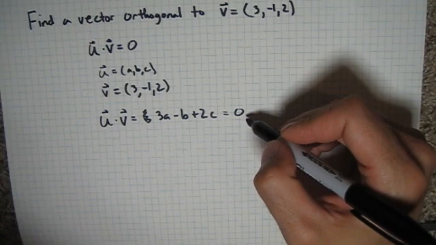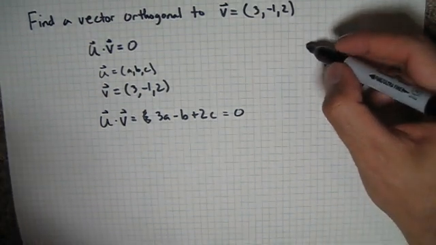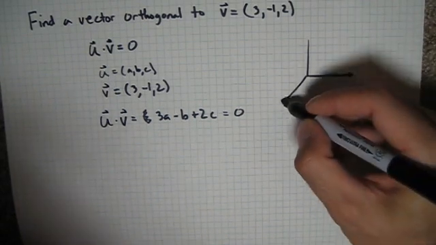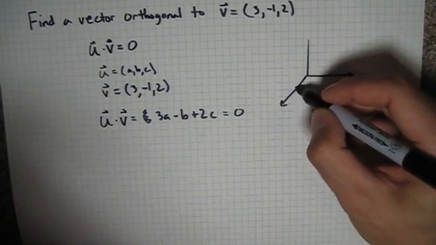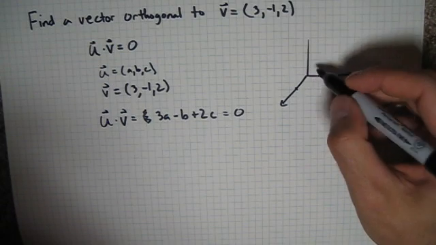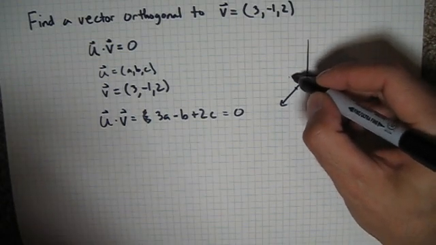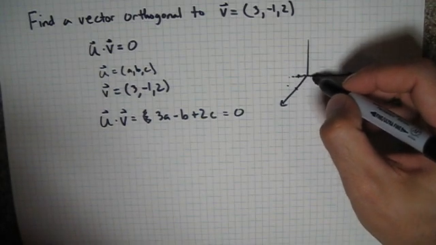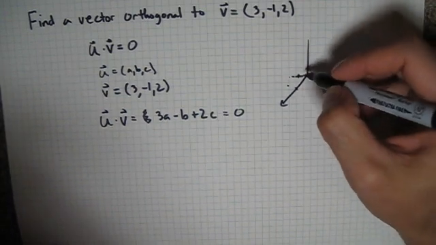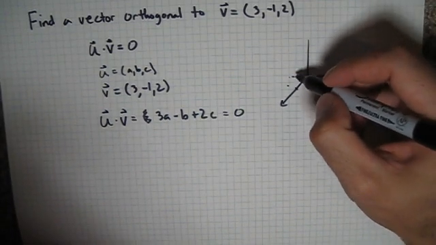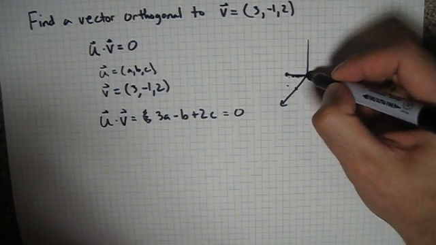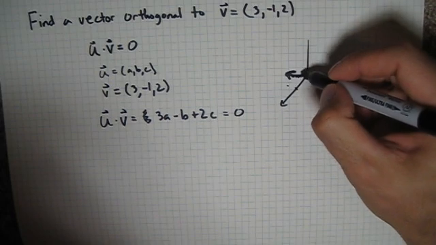the vector v points in space. Let's quickly sketch out where it points in space. We go, let's say, 3 in this direction, negative 1 in the y direction, which puts it about there. So we're here in the xy plane, and then we go up 2. So our vector points in this direction.